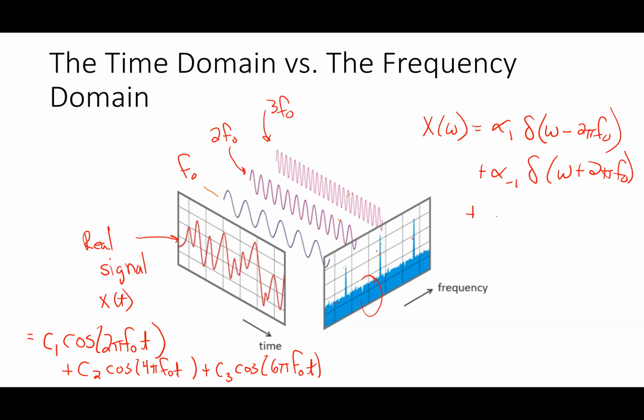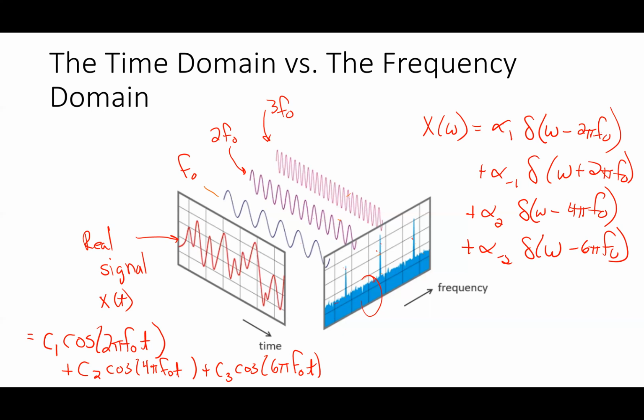Plus there'd be whatever's at the second harmonic, so that'd be omega minus 4 pi f naught, plus an alpha 3 at omega minus 6 pi f naught. In other words, I get impulses. And what I said was those impulses tell me the frequencies at which I have information in the signal, right?